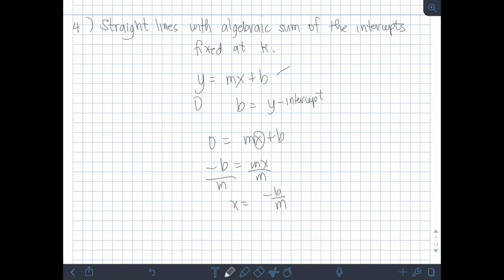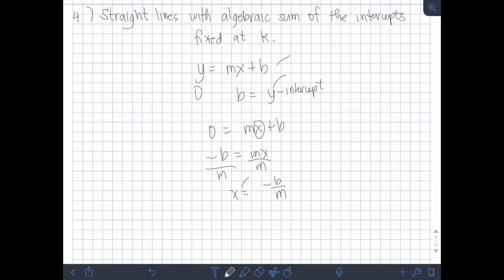Okay? Now, sabi, yung sum daw nung y-intercept tsaka x-intercept ay fixed na k. So, pag inadd natin to, yung b plus negative b over m equal yan sa k. Okay? So, ngayon, pwede natin isolve tong b by factor muna natin tong b. So, 1 minus 1 over m na yan equals k.